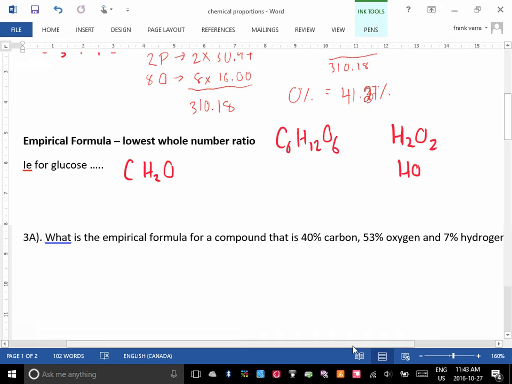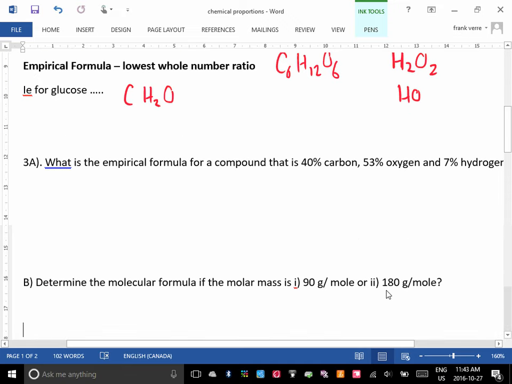Okay? So this is what I would do if I were you. I would think of it in terms of moles, right? Let's imagine we had 100 grams of this substance.